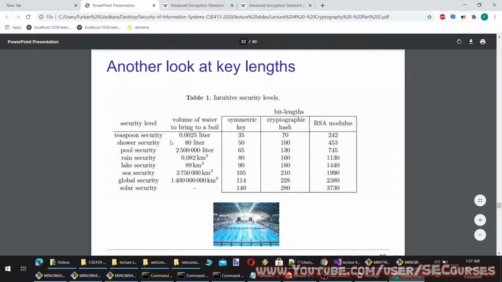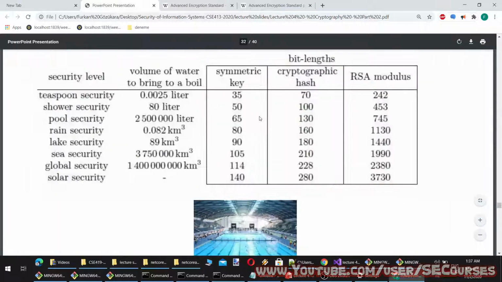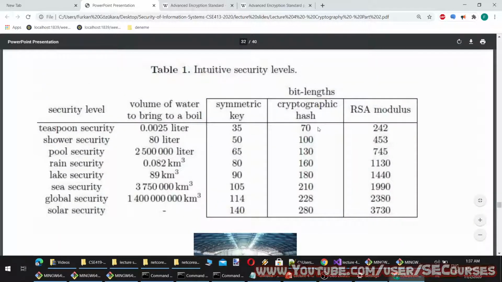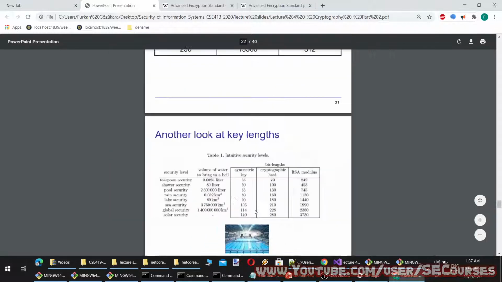And if you look at the key lengths, these are the key sizes that provide global security and so on, as you can see. So symmetric key size, cryptographic hash size, RSA modulus. If the modulus is under 2000, it becomes less secure. After 2000, it starts to become more secure.